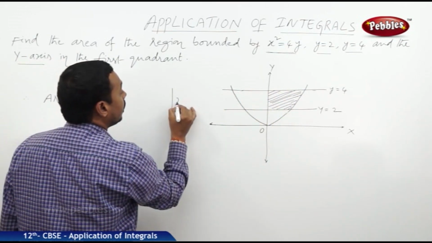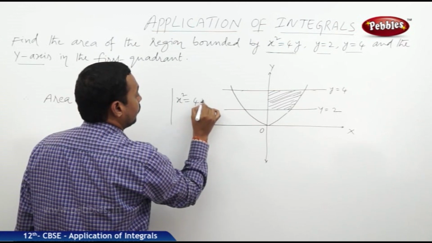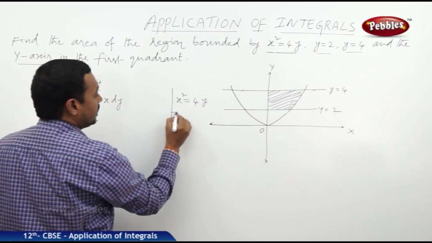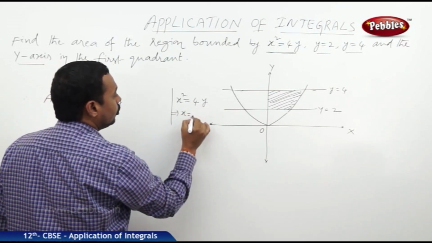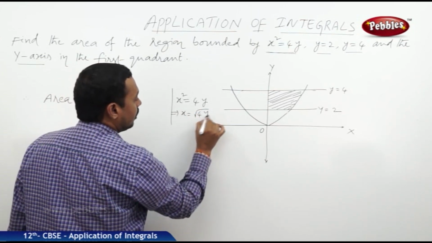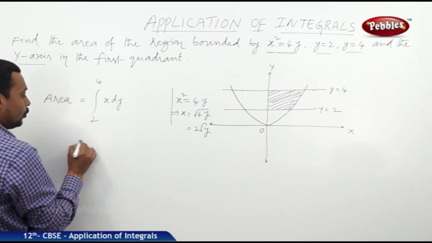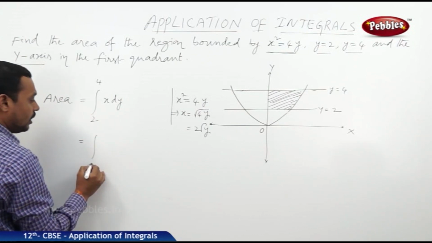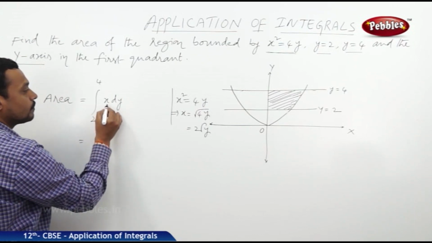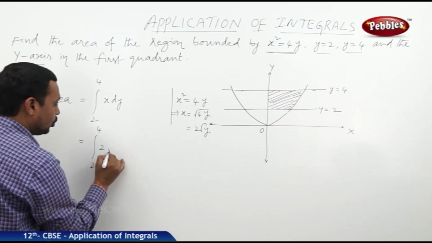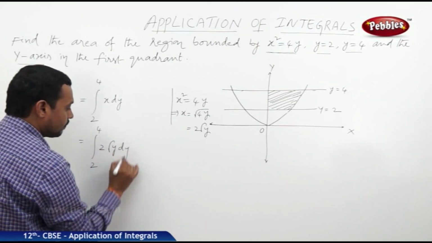Here the given curve is x square is equal to 4y. From this, x is equal to root of 4y, or 2 into root y. Therefore, the required area is the integral from 2 to 4 of 2 root y dy.